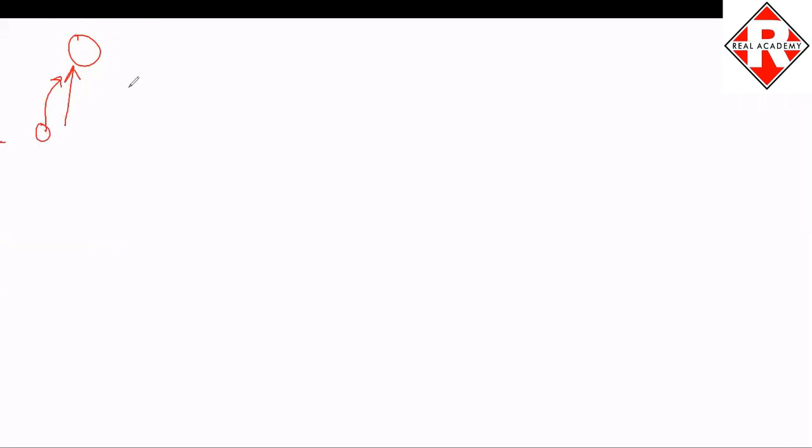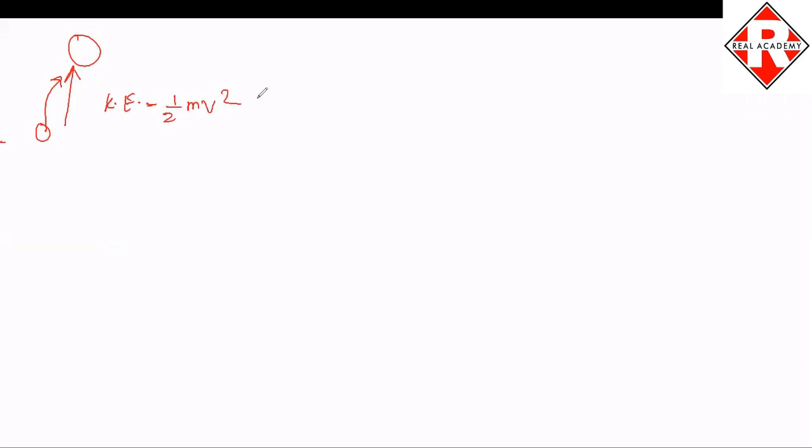So this energy gained by the ball is called as kinetic energy. The energy got transferred into the ball, and ball got set into motion. So this energy gained by this ball is called as kinetic energy, and it is given by the formula half into mv square.